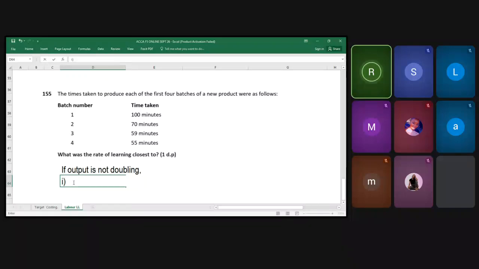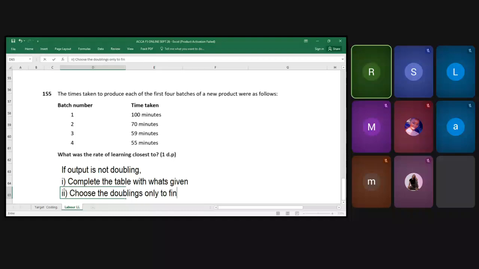Complete the table with what's given in the scenario. Then number two, choose the doublings only to find a learning rate. That's it, and done. Boom, we are done.